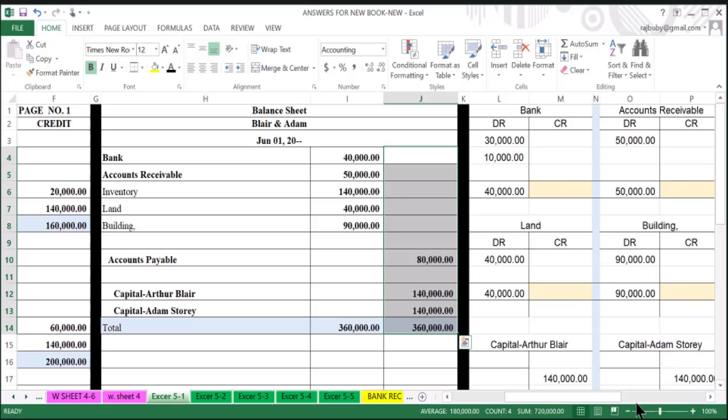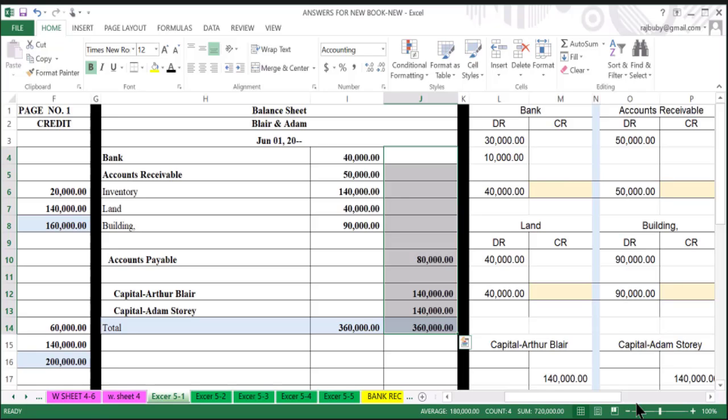Do you want to read it? Anybody? Okay, I am reading. Exercise 5.2. The following transactions are from the records of Campbell and Stewart Co. Record these investments and withdrawals by the partners in the General Journal and post the appropriate entries in their respective capital accounts and drawings accounts.